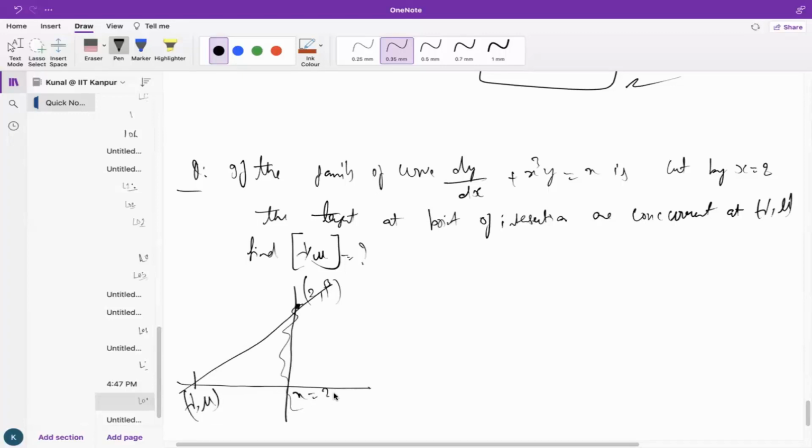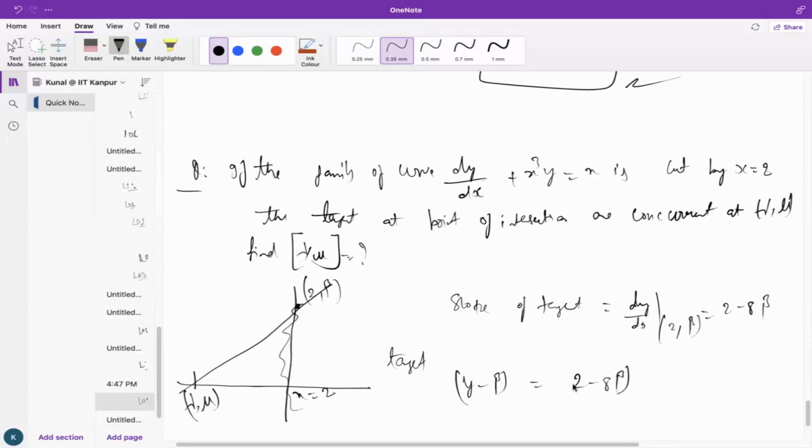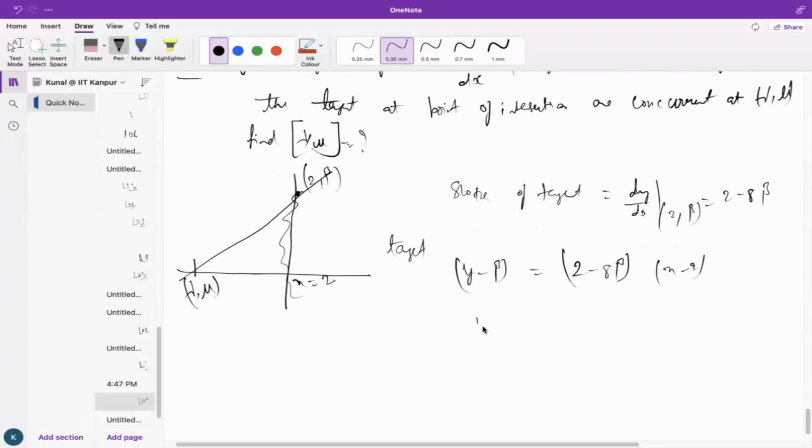The slope of the tangent here, dy by dx at 2 comma beta, is equal to 2 minus 8 beta. So the tangent will be y minus beta is equal to 2 minus 8 beta into x minus 2. When we solve, we get y minus beta minus 2 minus 8 beta into x minus 2 is equal to 0.